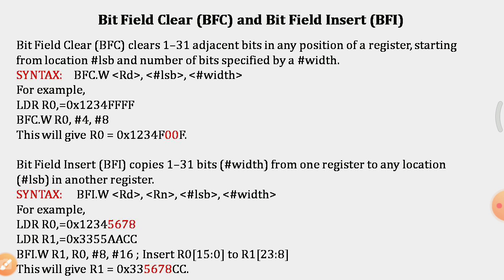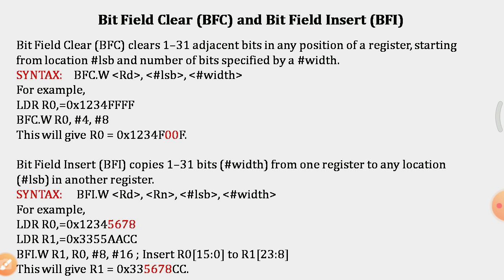So in the R0 register, from the 4th bit up to 11th bit, that is total of 8 bits are going to be cleared. So the updated value of R0 will be R0 equal to 0x1234F00F.